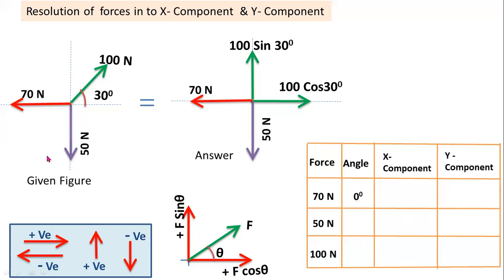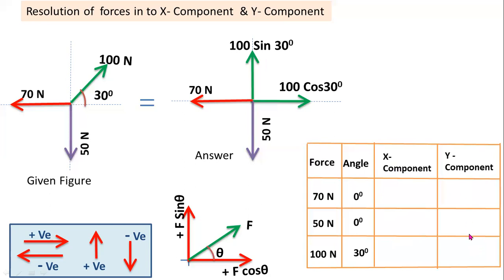The 70 newtons force has an angle of 0 degrees, the 15 newtons force also 0 degrees, and the 100 newtons force makes an angle of 30 degrees with the horizontal. Now from this diagram you have to note down horizontal forces and vertical forces. The x component means horizontal forces, the y component means vertical forces.